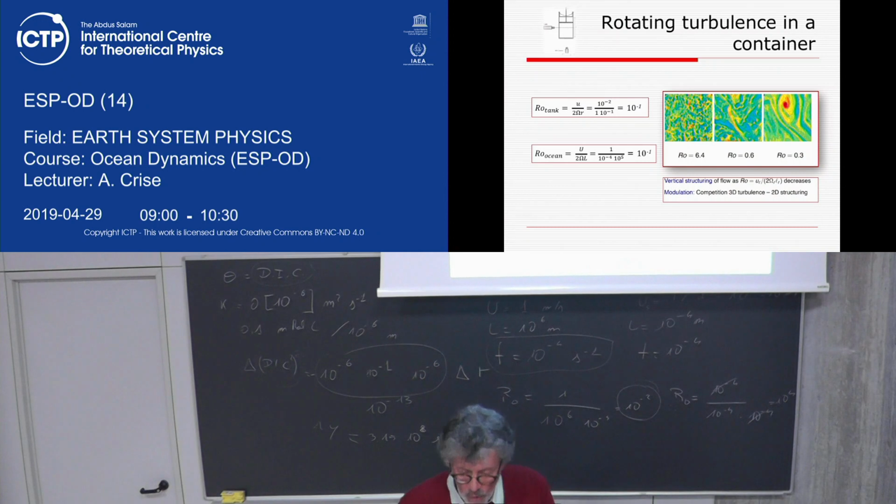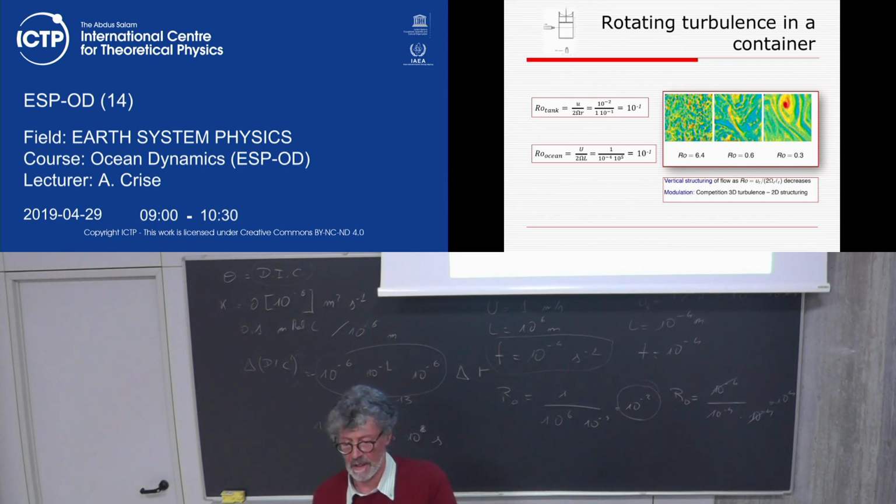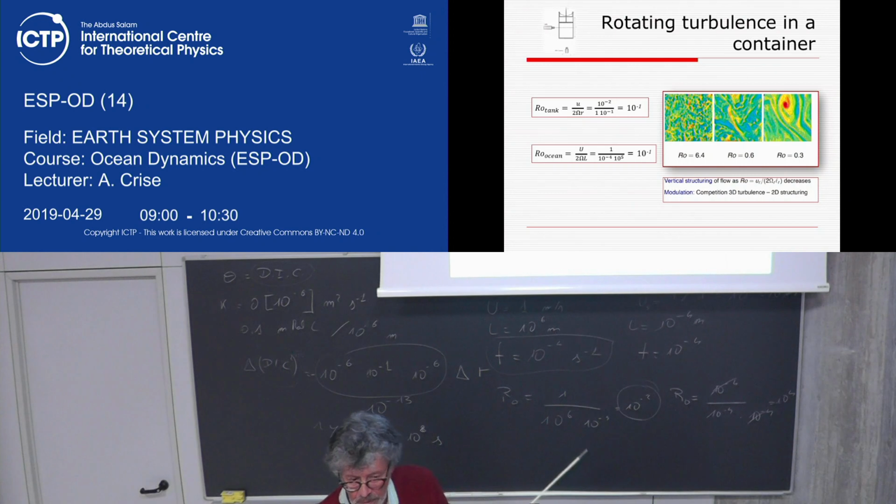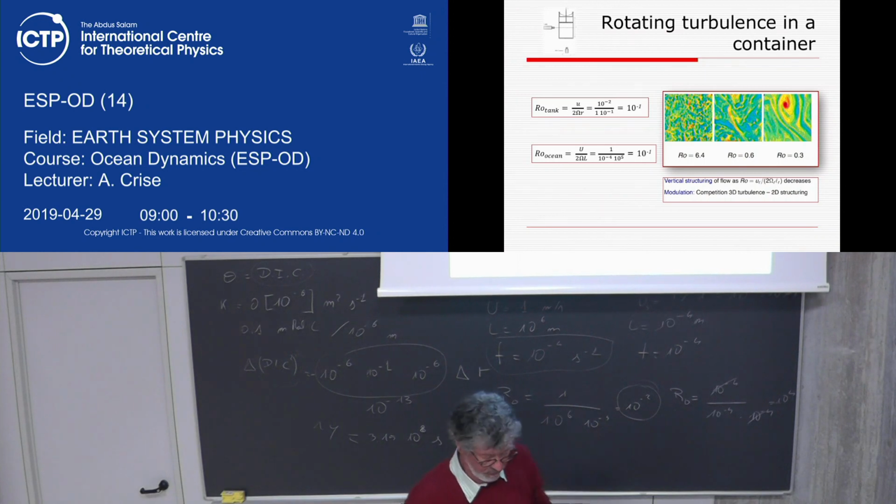And this is only due to the rotation. This is important, imagine, for the ocean, for the large-scale coherent structures that we'll see in a moment. But this is something that you see on top or in the scale on bottom.